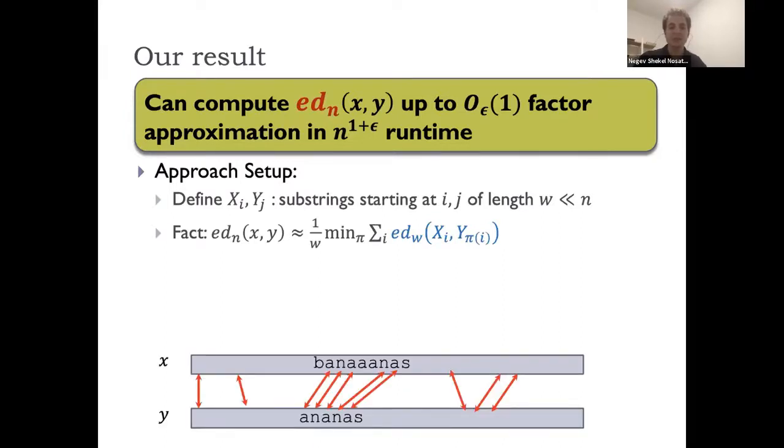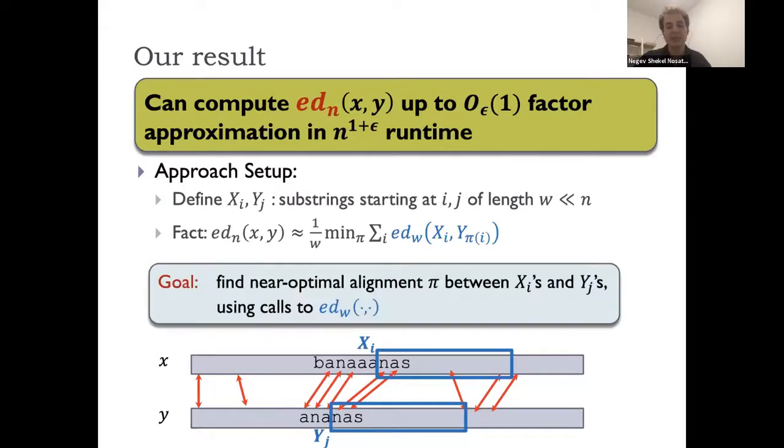So this is how it works. What we're trying to do is find the near optimal alignment pi between i's and j's using calls to substring comparison, where the substring is of some length w. Okay, so this is the setting.